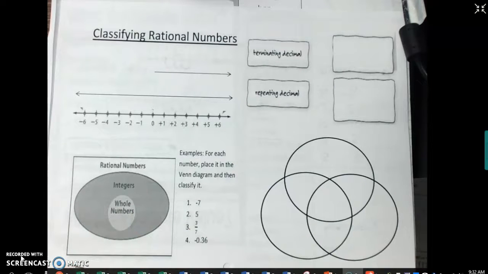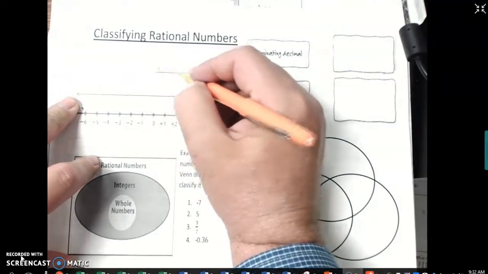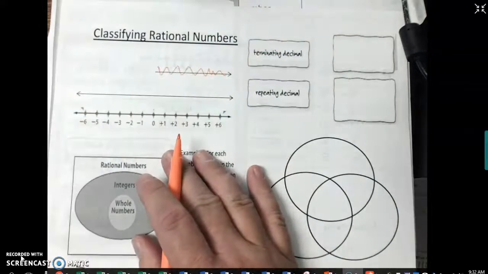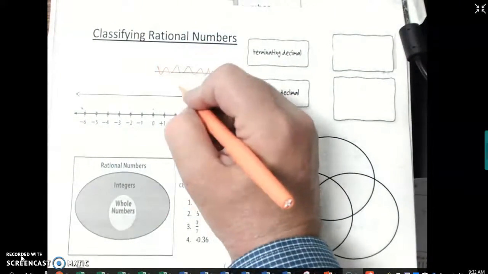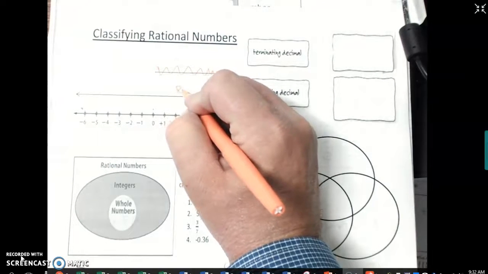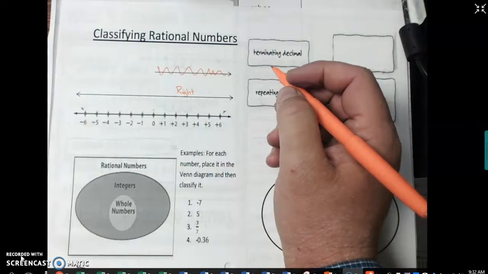Okay. That arrow shouldn't be there, so go ahead and mark that off. All right. So on the right side, it's the back of what we just did.